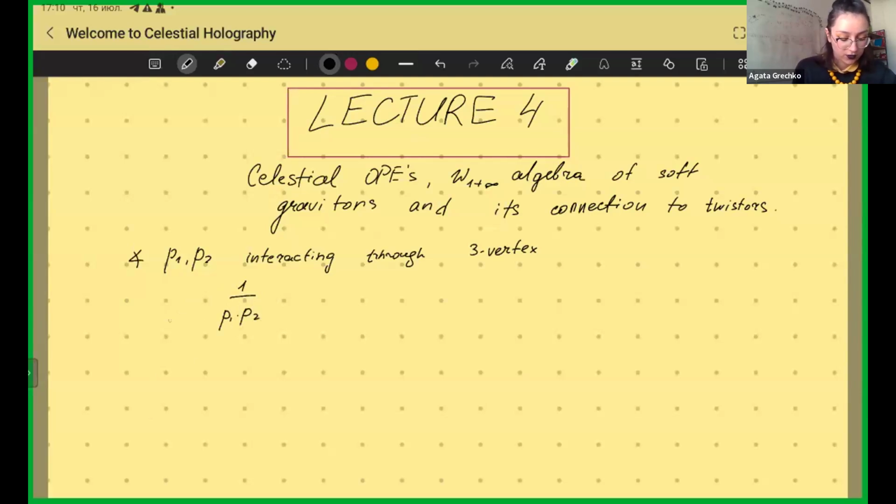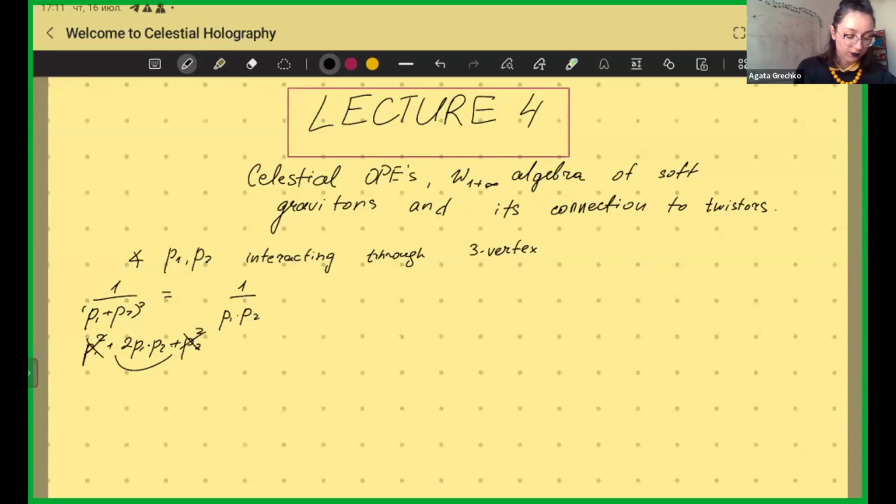Because originally we have the propagator of 1 over (P1 plus P2) squared. And then since our particles are massless, the squares of their momenta disappear, and we only have their product that is not vanishing, right?